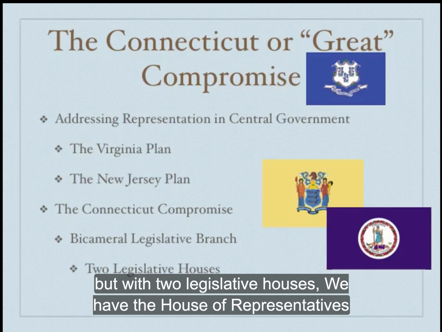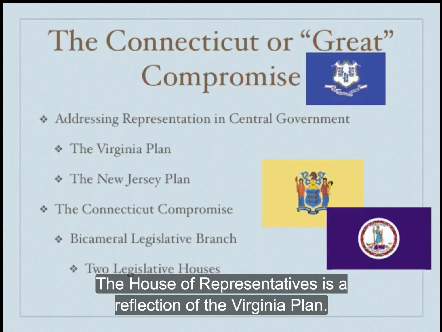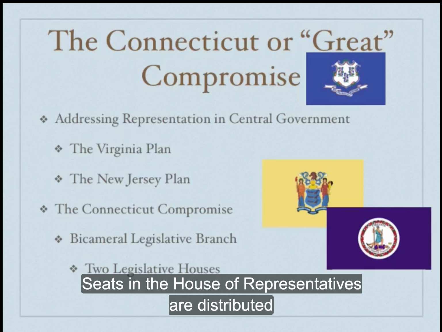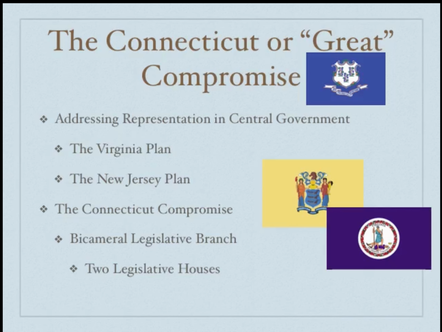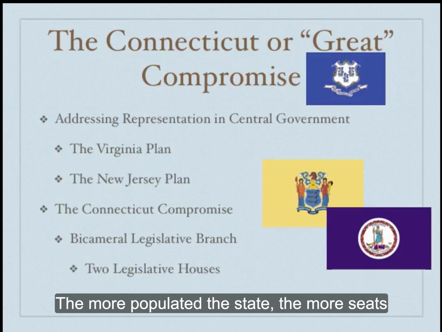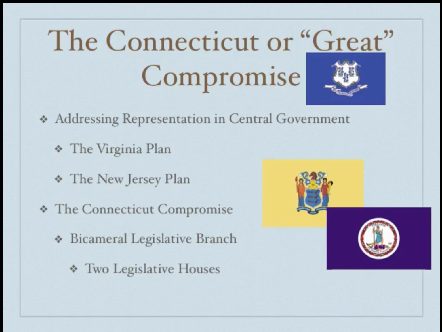We have the House of Representatives and the Senate in our Congress today. The House of Representatives is a reflection of the Virginia plan. Seats in the House of Representatives are distributed to different states based on their populations. The more populated the state, the more seats that state will get in the House of Representatives.